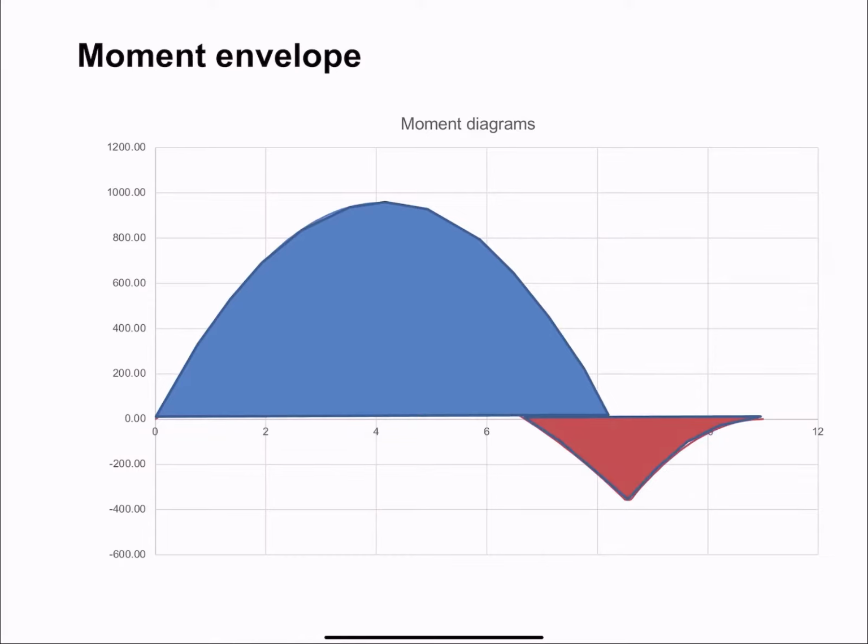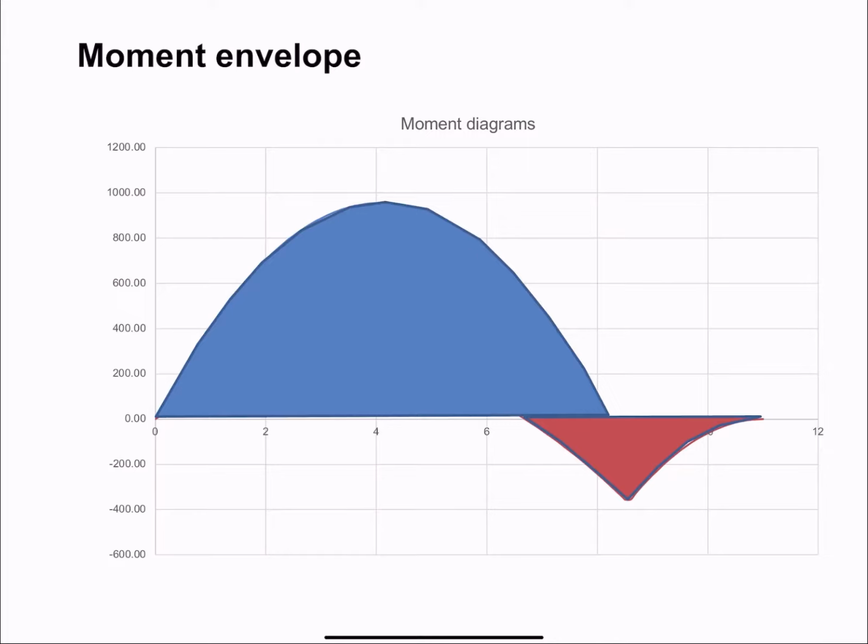We can do the same thing for the shear envelope, but this is how it looks for the moment envelope.